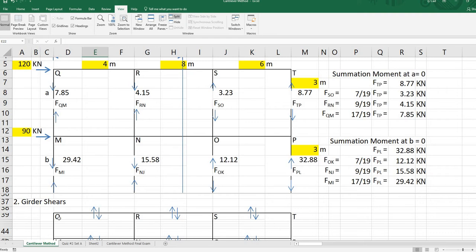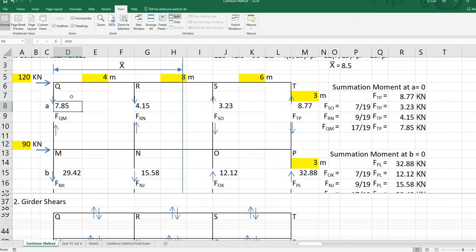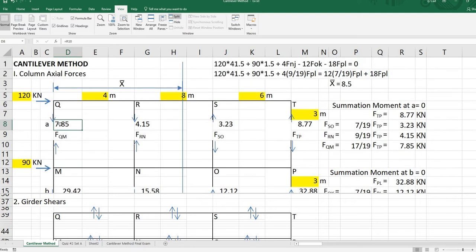Okay, so let's take shear QR. Okay, notice that at column axial forces 7.85 is acting downwards. Siyempre, ang kontra dito would be a member act with a shear force or a vertical force acting upwards, which happens to be at girder QR.